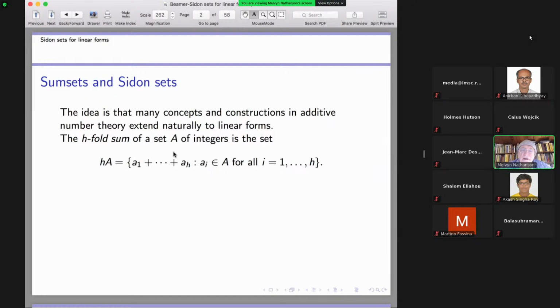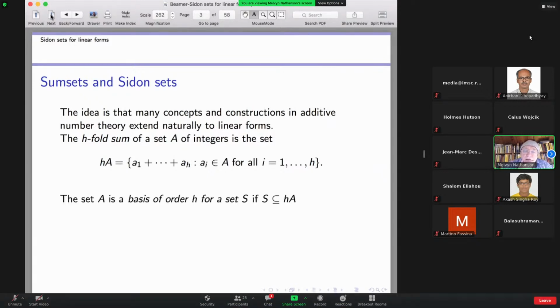You have a set A of integers, and you look at all the numbers that can be written as a sum of h elements of the set A, not necessarily distinct. And as is usual, you say that A is a basis of order h for some set S if every element of S has a representation as a sum of h elements of A.